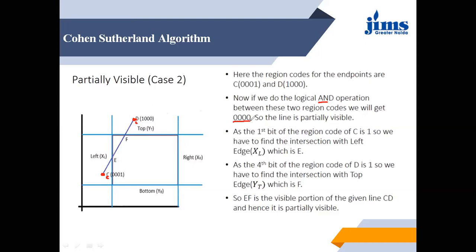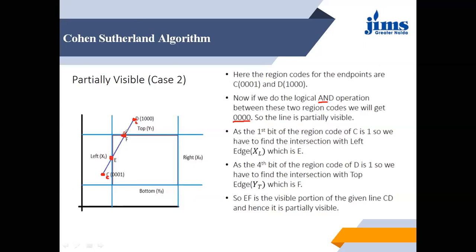In that case, it is visible to us that this line intersects at 2 points. One is at F and the second point is at E. So we have to find out the coordinates of points E and F. And we can find it out easily as we discussed in case 1.